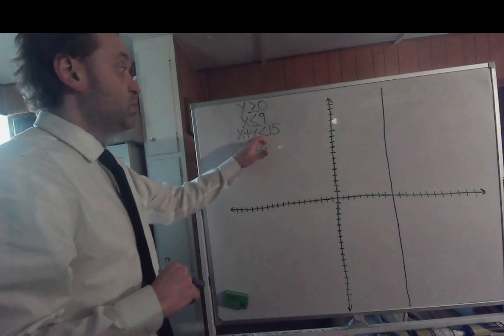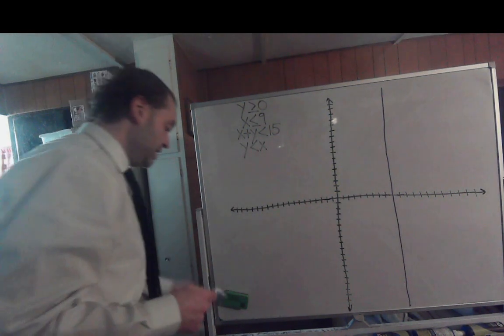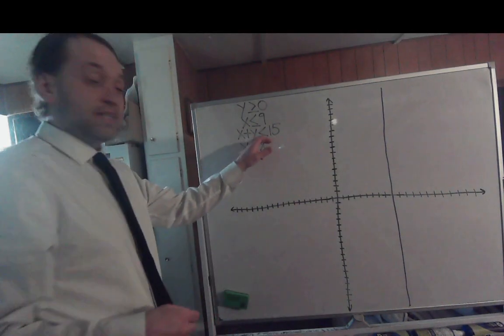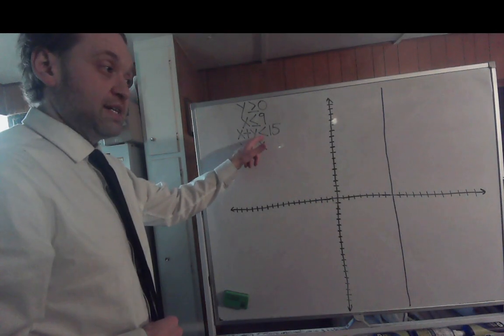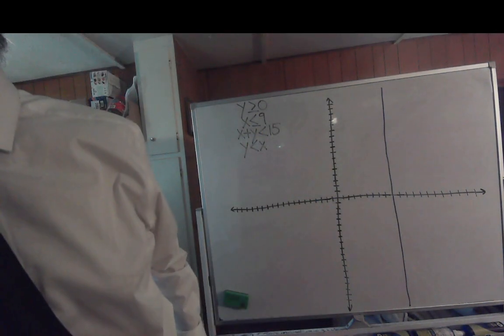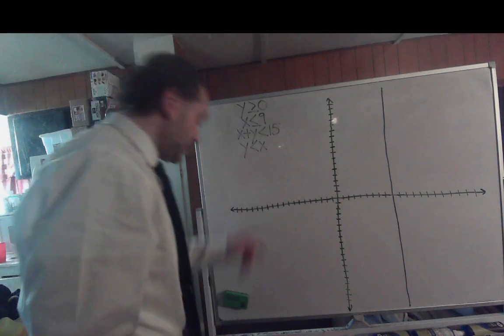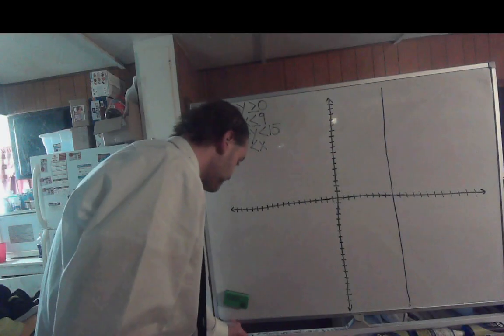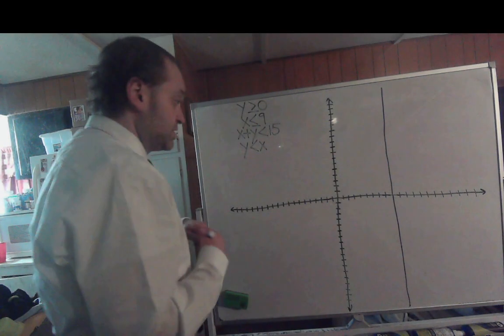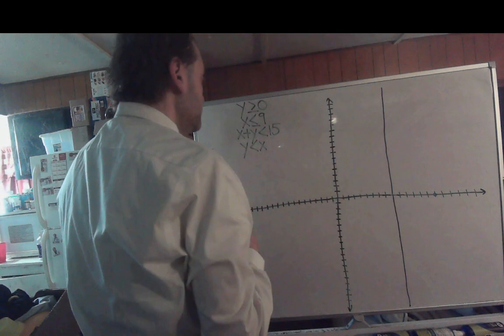Now x plus y is less than 15. Since it's just got the less than component, it's only going to be a dotted line since there's no equality to this. So your x-intercept, of course, would be at 15, 0. So let's find that. 10, 11, 12, 13, 14, 15. Draw an open circle there since that's not part of your solution.